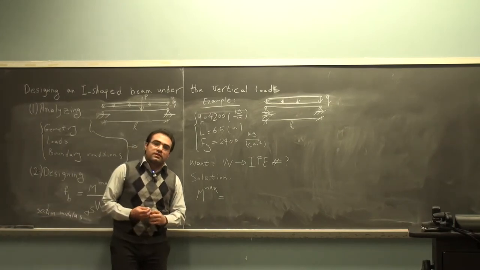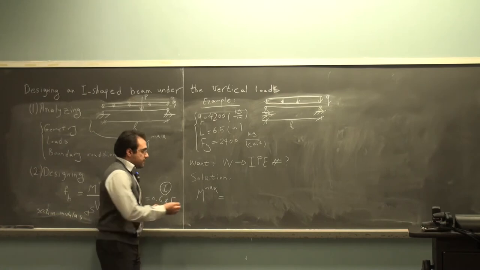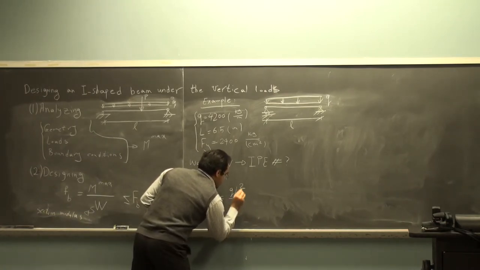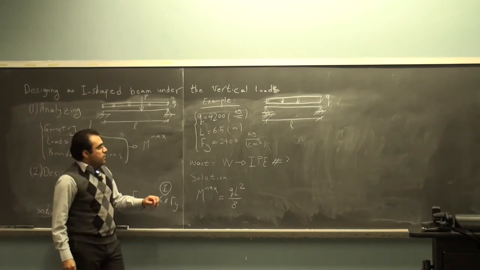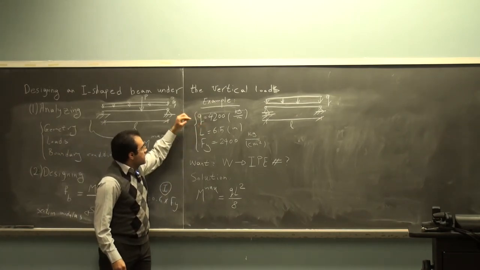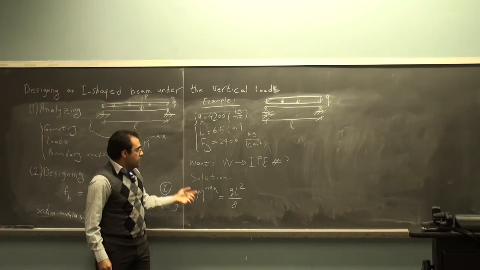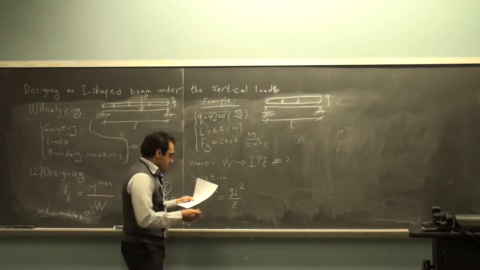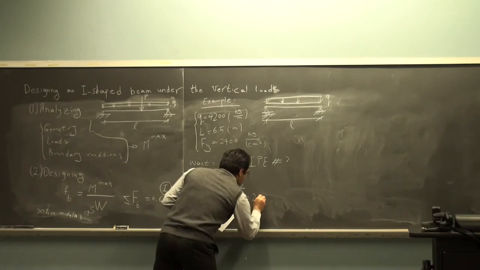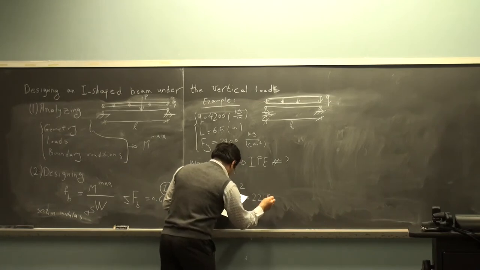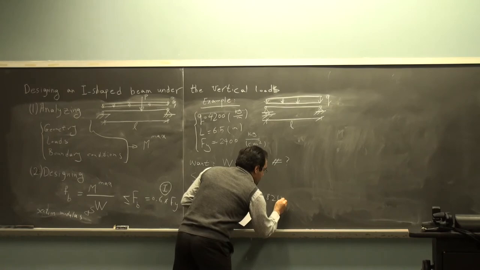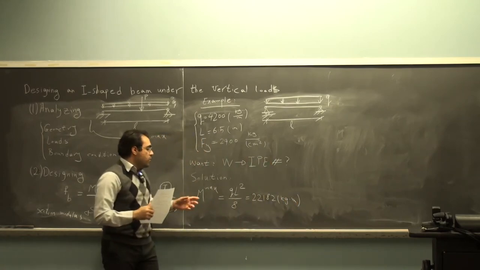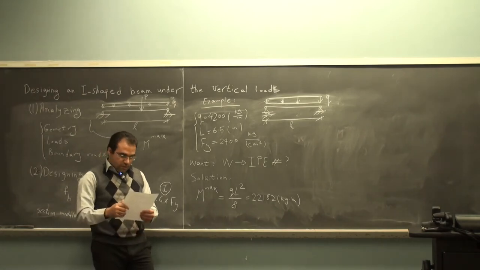Okay, how much? QL square over 8. Exactly. So, when we plug in these numbers, I mean the Q and the L, we can calculate a maximum moment, which in this case is 182 kilogram meter.